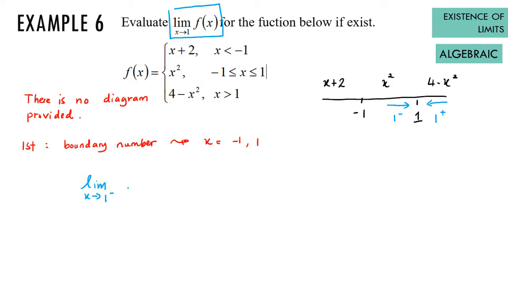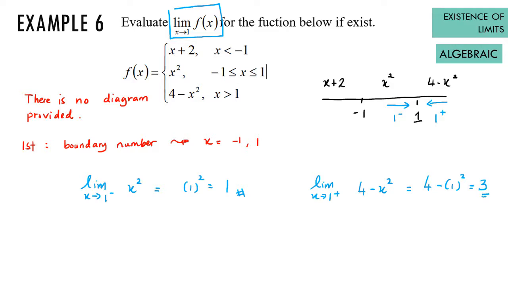When x approaches 1 from the left, the corresponding function is x squared. After you substitute, we find that the limit is 1. Same goes for the right side limit. The corresponding function is 4 minus x squared. After we substitute x equal to 1, we get 3.